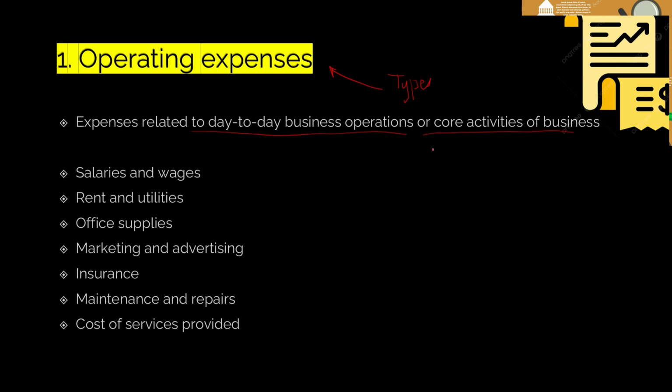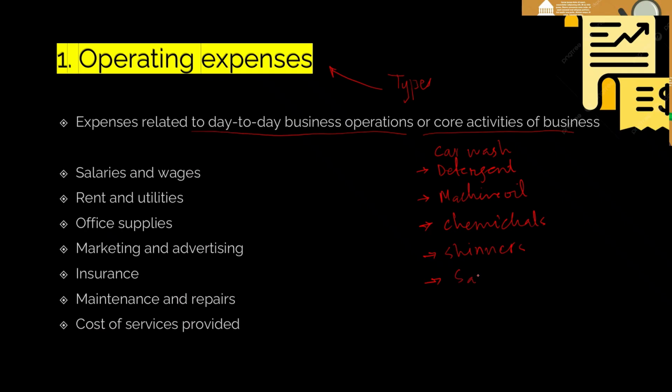For example, as I told you, for a car wash company, the car wash needs a detergent, machine oil, or other chemicals, shiner, for example, and salary expense because per car they pay their workers.